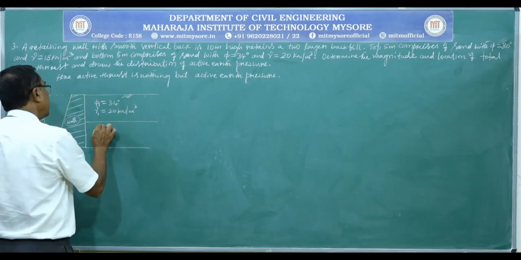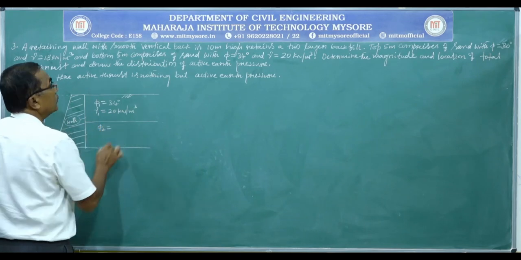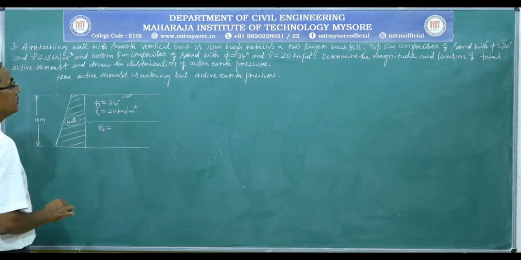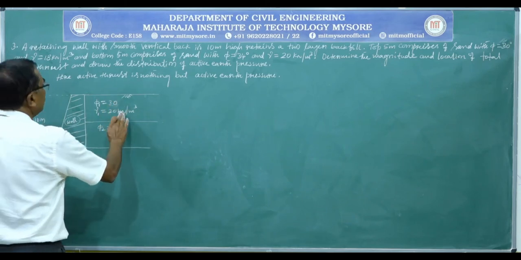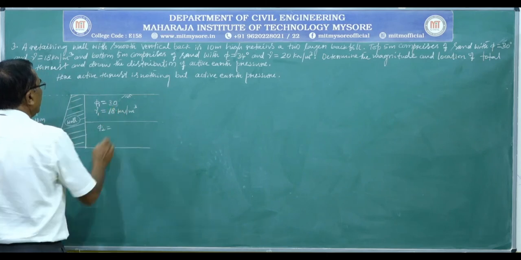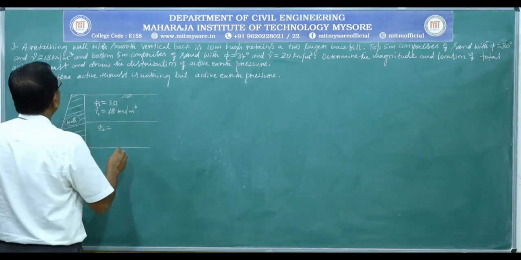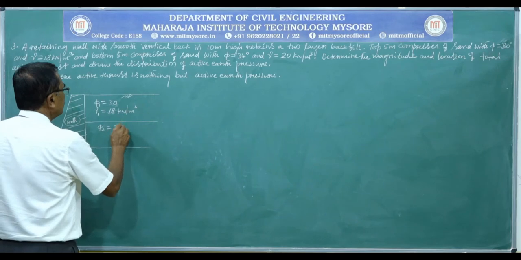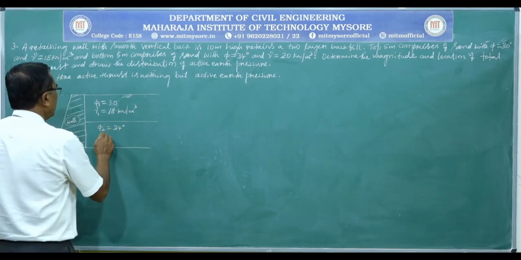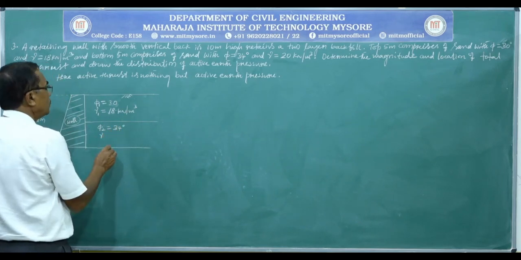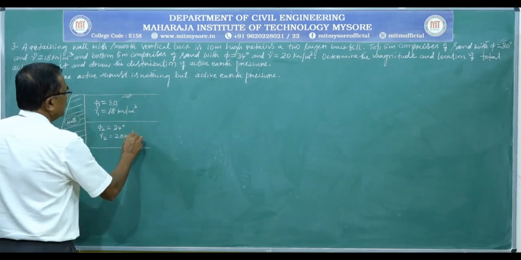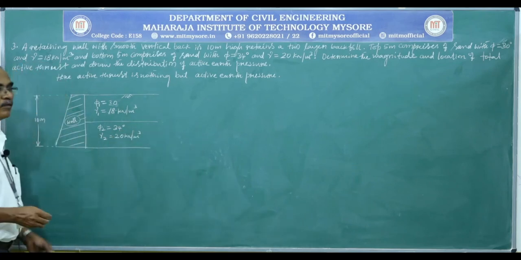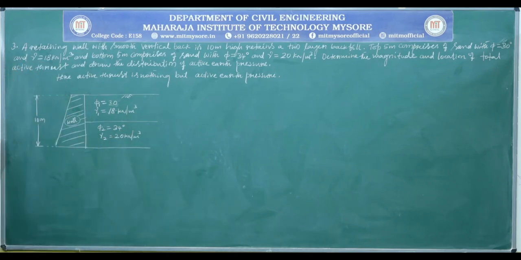Similarly, the bottom layer phi 2 is equal to 34 degree and gamma 2 is equal to 20 kilonewton per meter cube. No mention about the water table or water condition, unless specified, simply assume it as the dry condition.